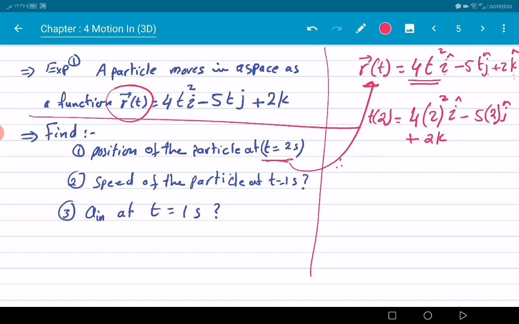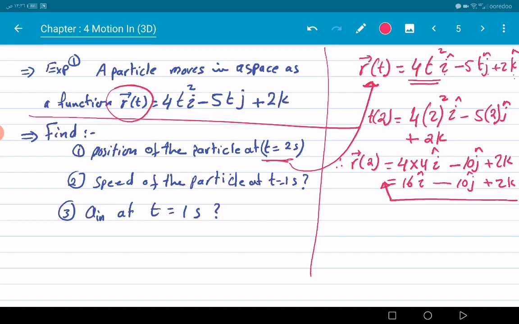Then r at 2 is equal to 4 multiplied by 4 i hat minus 5 multiplied by 2, 10 j hat, plus 2k, so it's equal to 16 i hat minus 10 j hat plus 2k. So that is the position of the particle at 2 seconds.